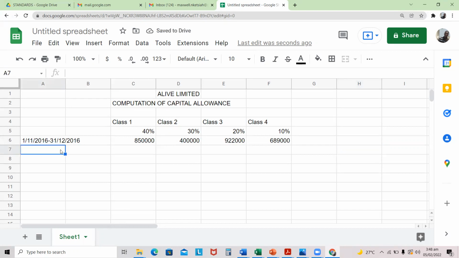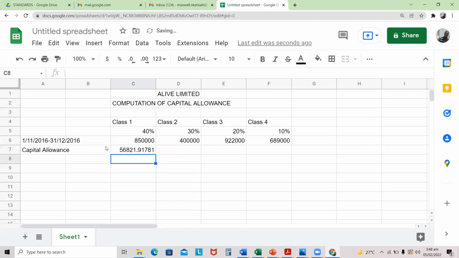So capital allowance is going to be like this. For class 1, it will be 40% times 850,000 times 61 over 365.